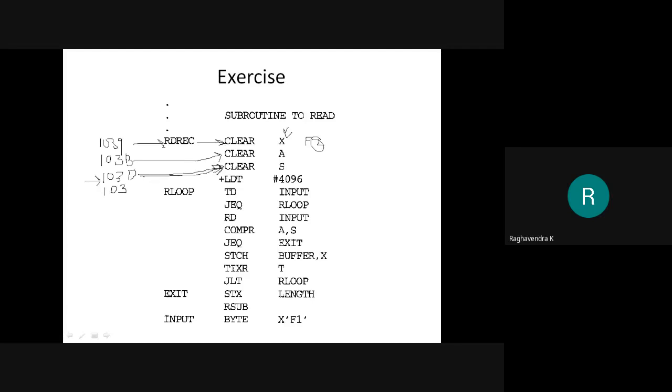And at that location, we have what type of instruction? This is a format 2 instruction. You left when I was explaining this. This is a format 2 instruction because there is a register present in the operand field. What is the size of a format 2 instruction? 2 bytes. Okay, so we are supposed to increment by only 2. So 103D plus 2. How much is it? D, then E, F. So it is 103F. Got it?